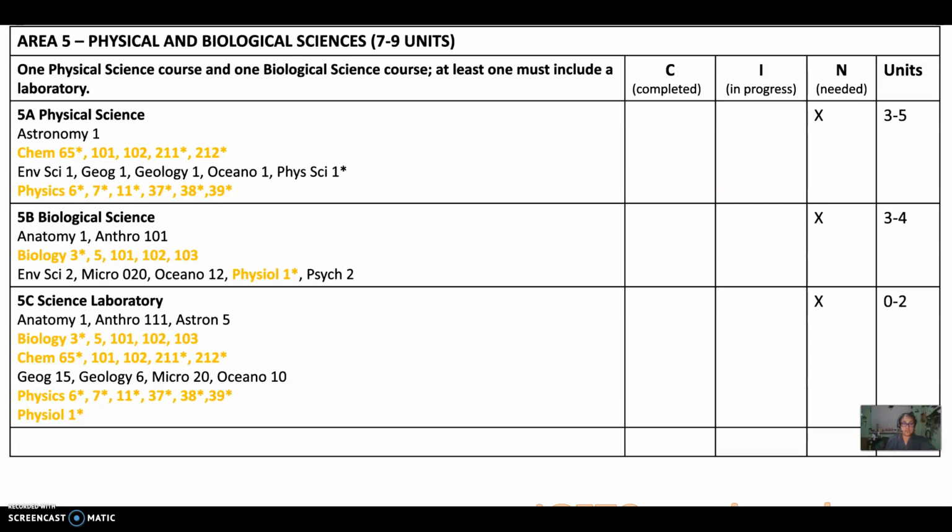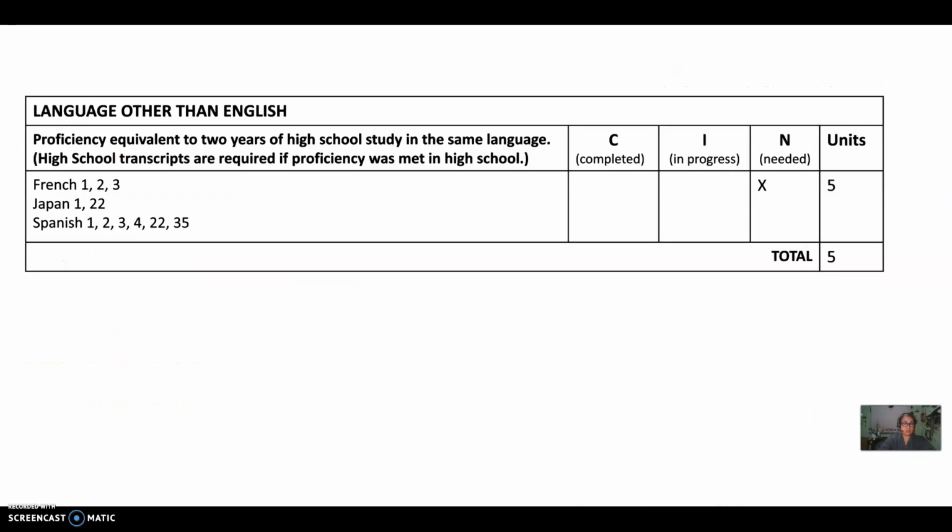So for the UC systems, they're going to limit the credit that you will receive. And so that's why the asterisks are there. And it is explained in the college catalog.